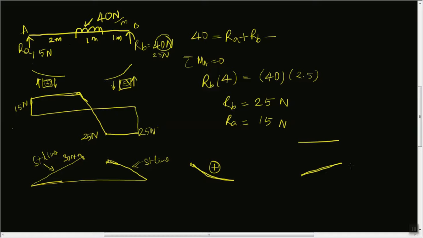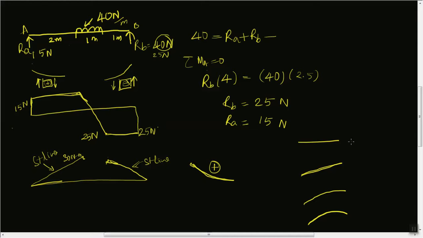If our shear force diagram has an inclined line, our bending moment diagram will have a parabola. If our shear force diagram has a parabola, our bending moment diagram will have a cubic curve. That means it will have even more curvature compared to the parabola.